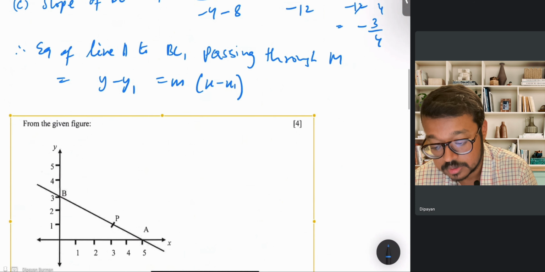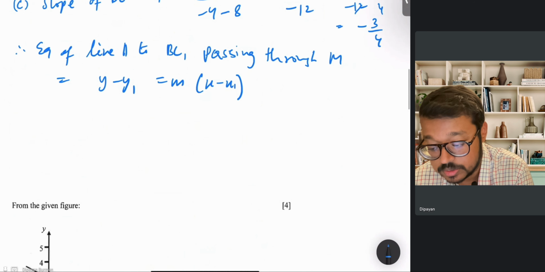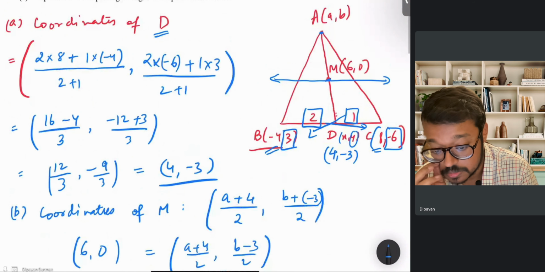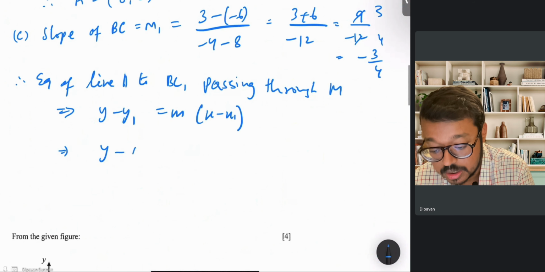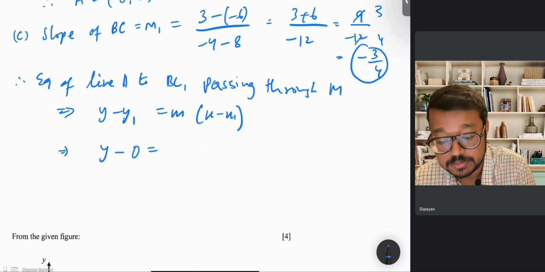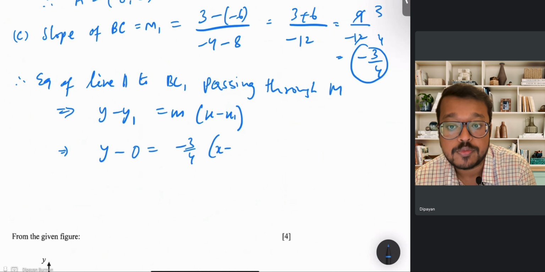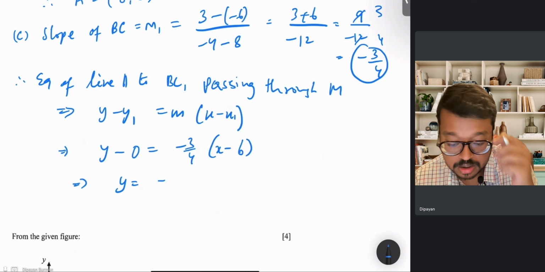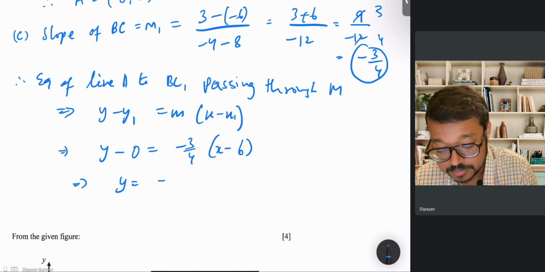So let's just substitute the values. y minus y1, the y coordinate of point M, that is 0, equal to the slope of the line, which will be same as slope of BC, which is minus 3 by 4, into x minus the x coordinate of point M, which was 6. So y is equal to minus 3 by 4 into x minus 6.